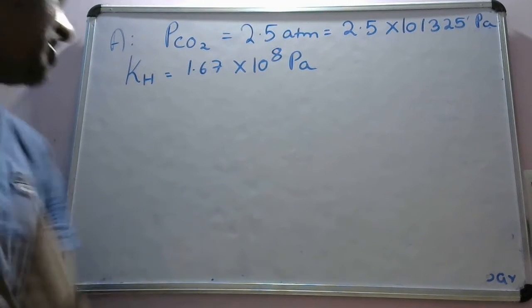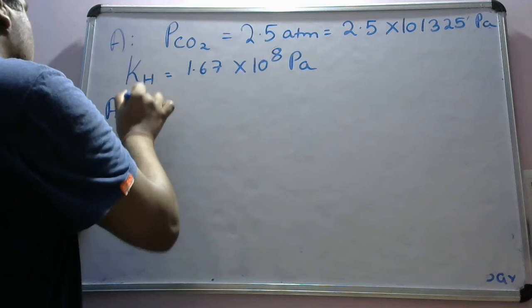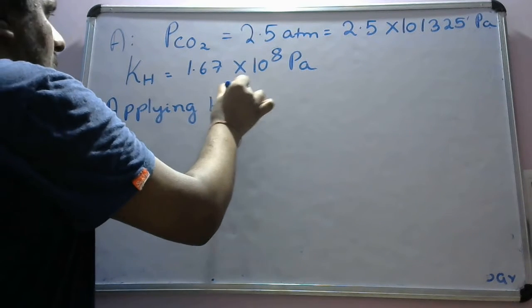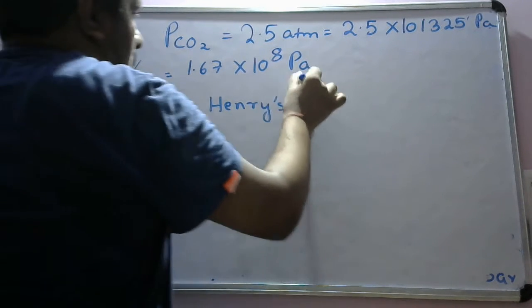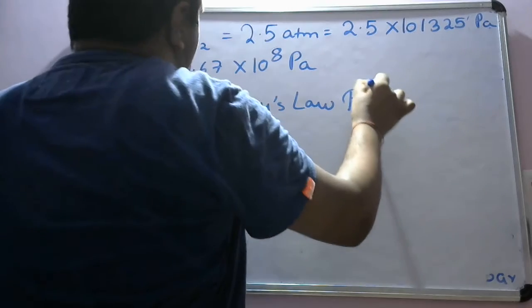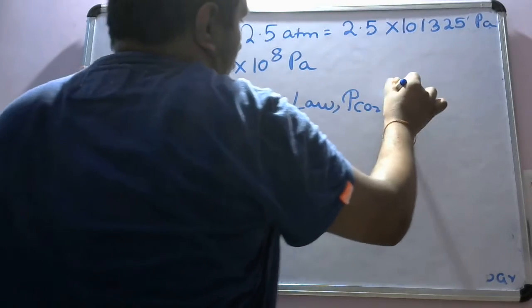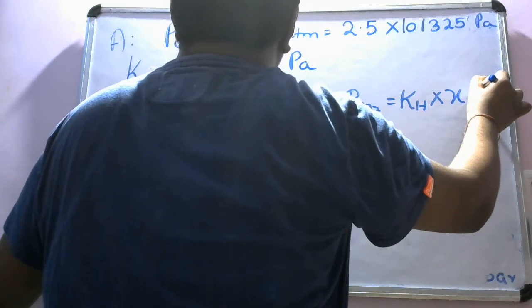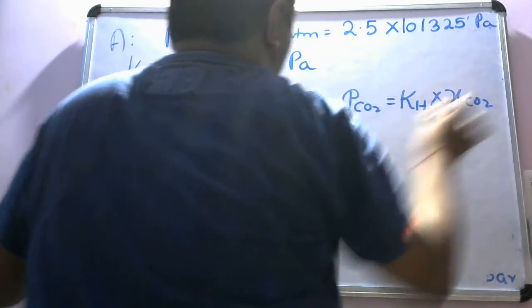Now we will apply Henry's law. Applying Henry's law, partial pressure of CO2 is equal to KH into mole fraction of CO2.